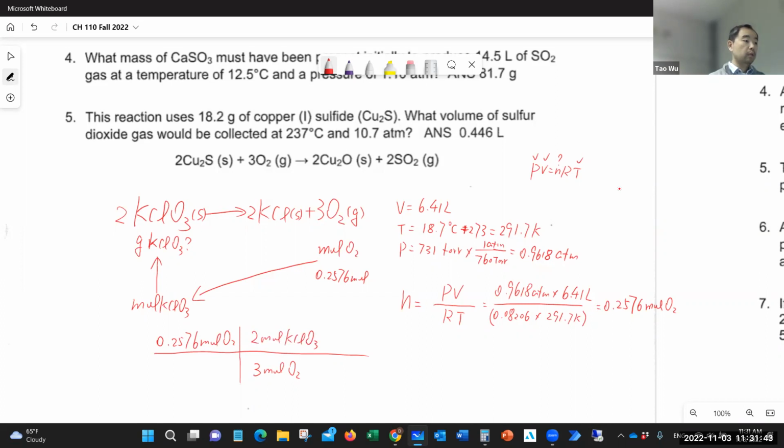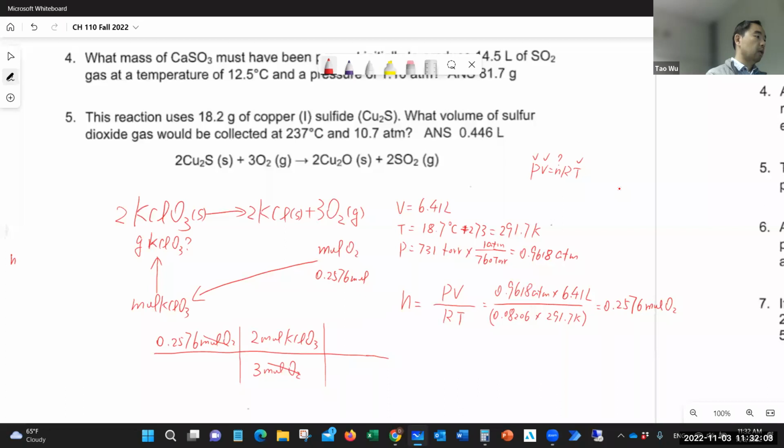So now mole of the oxygen is canceled, and you get mole of the potassium chlorate. Then, based on moles of the potassium chlorate, you times molar mass, and you will figure out what is the mass of the potassium chlorate.